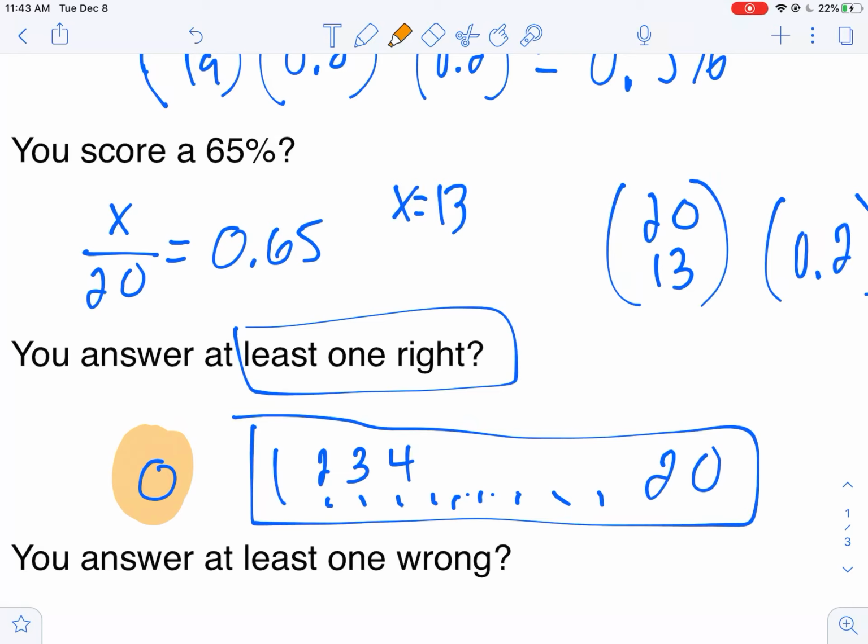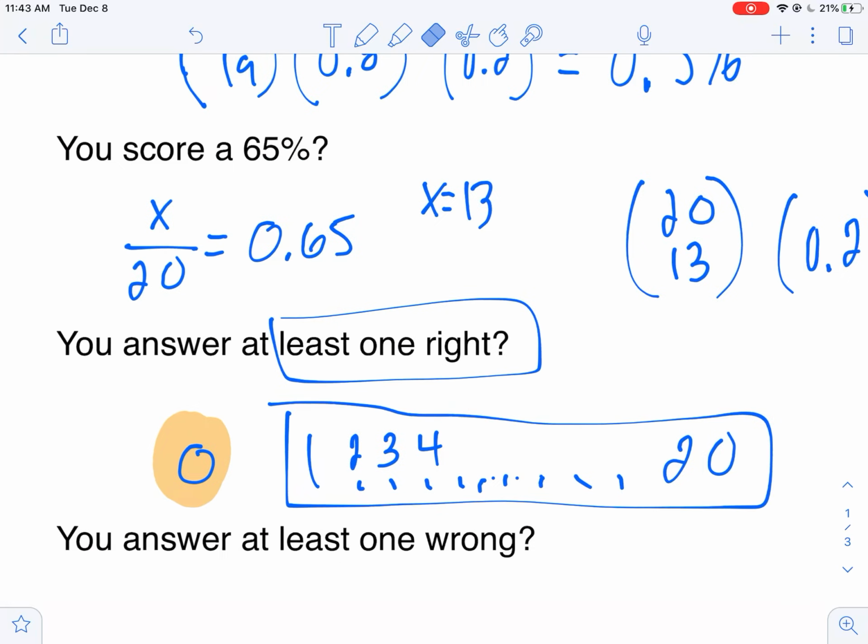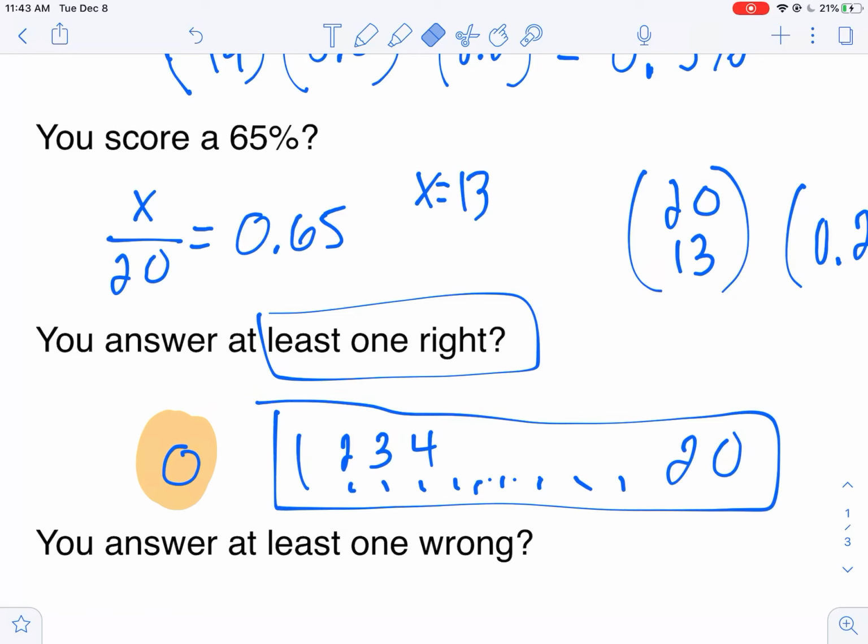Now, binomcdf will not work here because it starts at 0. That's not going to help because it would start at 0 and go all the way up to where I tell it. I can't use binomcdf here. However, I guess I could find the probability of 1, add the probability of 2, 3, go all the way up to 20, but that seems a bit much. If I just find the probability of 0 and subtract it from 1, that'll give me everything left.